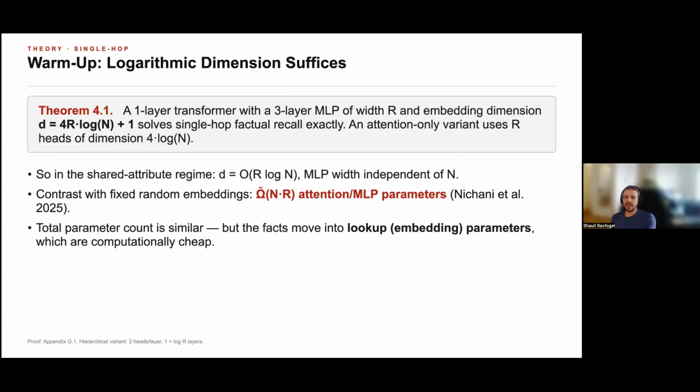But note that in this solution, most of the facts are stored in the lookup embeddings and not in the MLP. And this is much more efficient in modern architectures. We have direct access to the embedding of a particular entity, and it's much more efficient than storing the information in the MLP parameters.